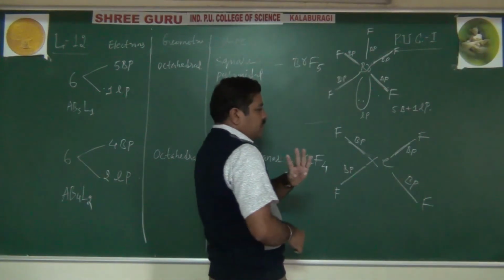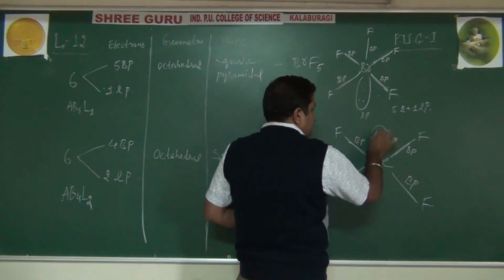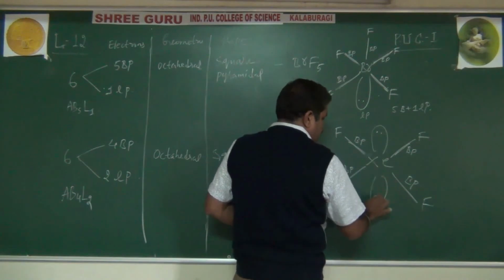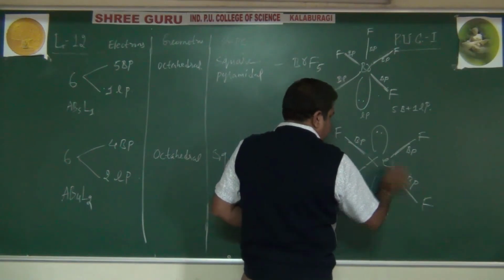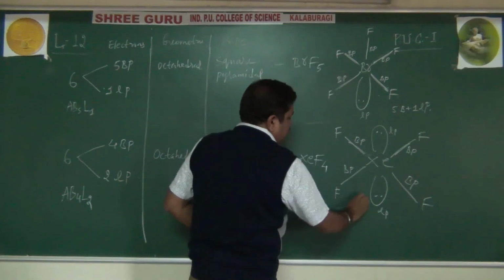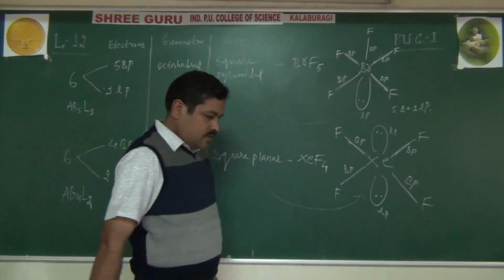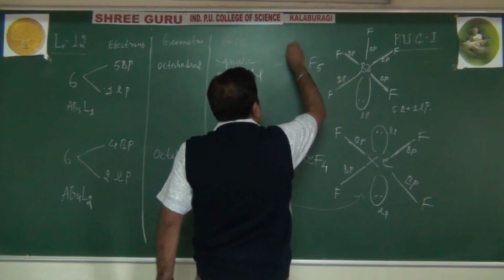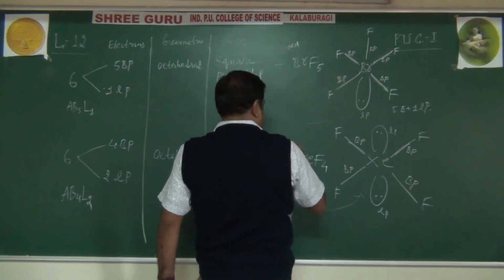Still 4 electrons are remaining, that is 2 lone pairs. This is called square planar structure. And these are also very, very important.